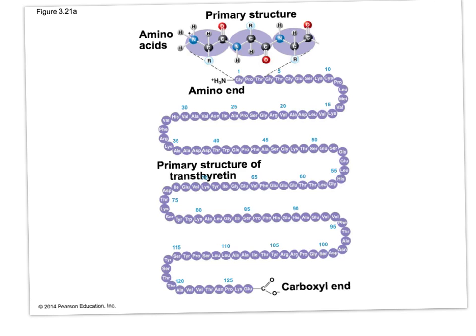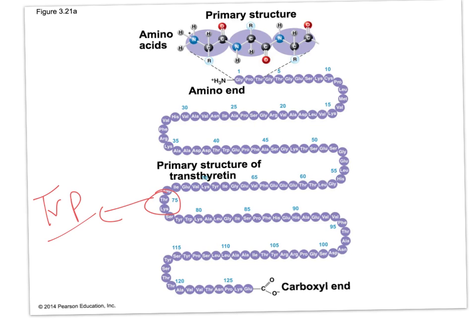If I change, let's say this one right here, threonine, and I change that to a tryptophan, what could happen? What's the worst case scenario? I change one amino acid, what's the worst case scenario?